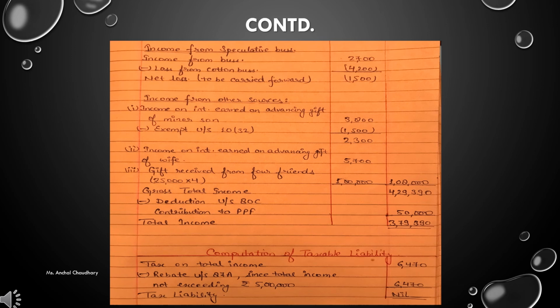So the tax on total income will be 6,470. So he will receive a rebate as it is not exceeding rupees 5 lakh. So the tax liability will be nil for Mr. Siddhant. So this is how you have to solve the questions when it comes to the computation of the tax liability or total income.